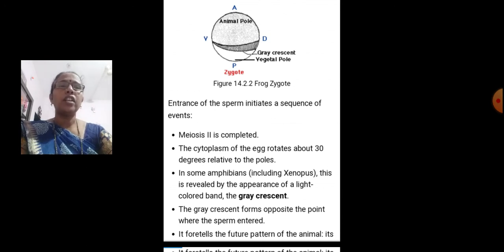The cytoplasm of the egg rotates about 30 degrees relative to the poles. In some amphibians, including Xenopus, this is revealed by the appearance of a light colored band called the grey crescent. The grey crescent forms opposite the point where the sperm entered.